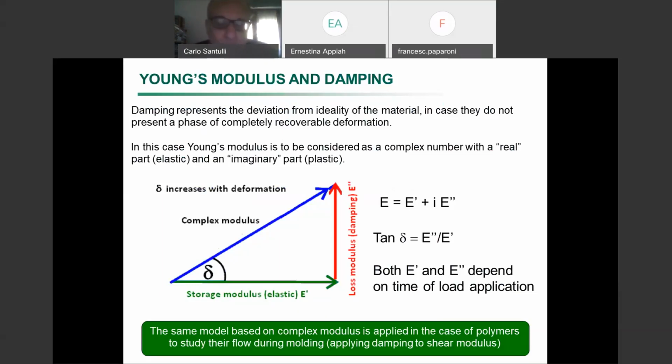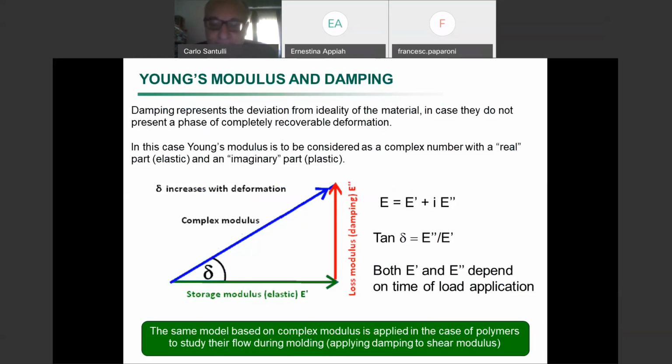In practical terms, we express that by a complex number. You may remember from maths that the root of -1 was considered i. In some other languages they say j, but the point is that you are introduced to complex numbers. So you have a real part and an imaginary part.